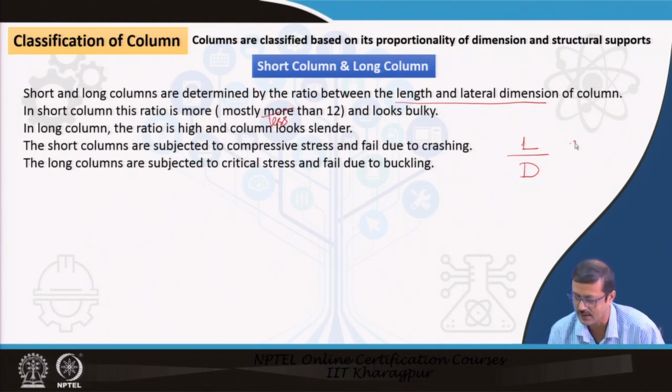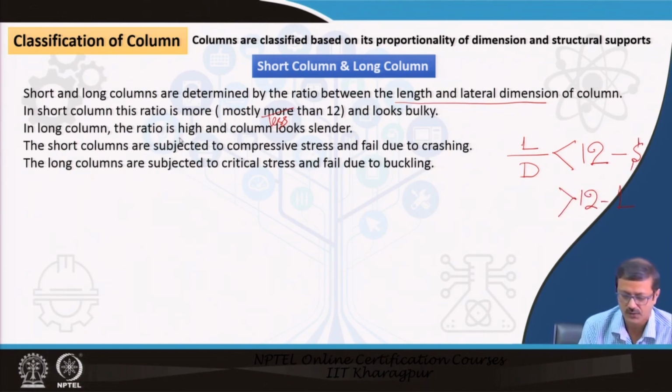If it is less than 12, then it is a short column, and if it is more than 12, then it is a long column. If the ratio is high, it looks slender.